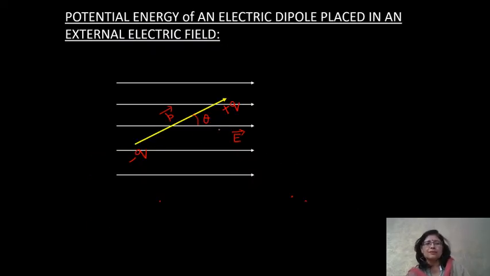Suppose students, these arrows represent the uniform electric field and this yellow arrow represents the dipole.